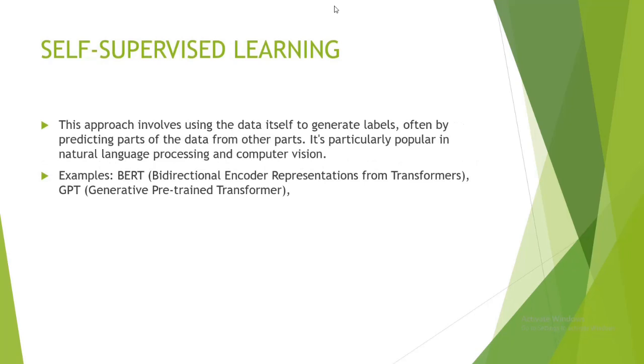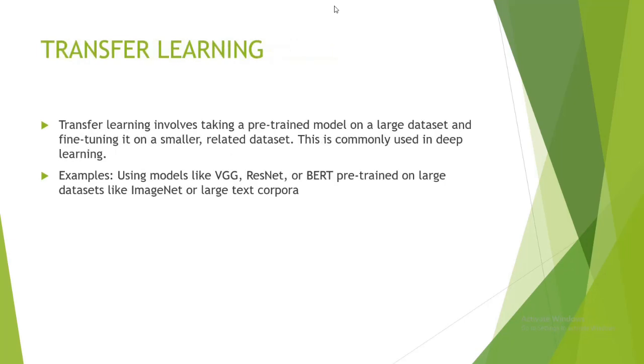So next one, self-supervised learning. This approach involves using the data itself to generate labels, often by predicting parts of the data from other parts. It is particularly popular in natural language processing and computer vision. BERT and GPT are examples of self-supervised learning. And the next one is transfer learning. Transfer learning involves taking a pre-trained model on a large data set and fine-tuning it on a smaller related data set.